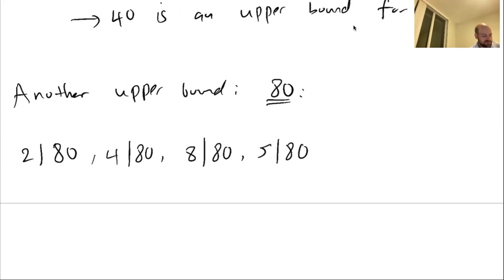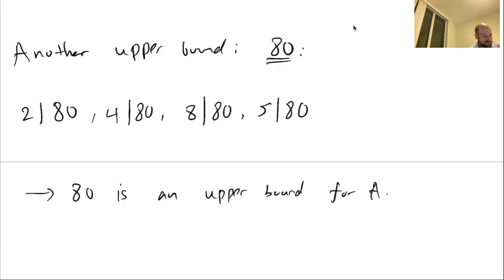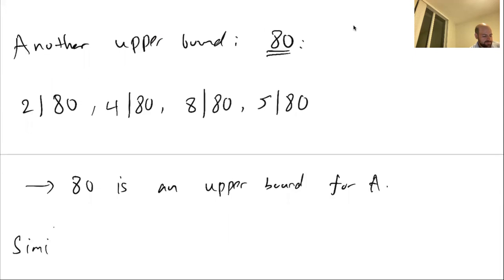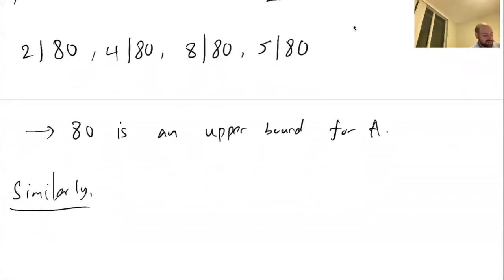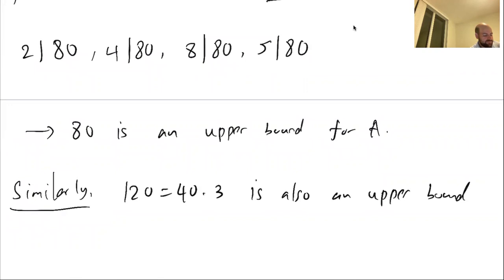So 80 is also an upper bound for A. Similarly, for example, I can multiply 40 by 3, I have 120, which is also an upper bound for A. So we found 3 upper bounds for A.